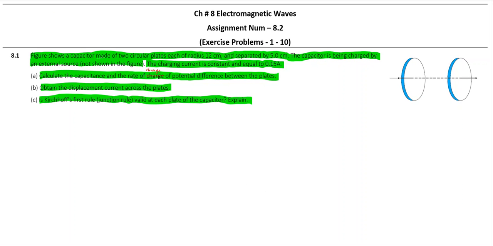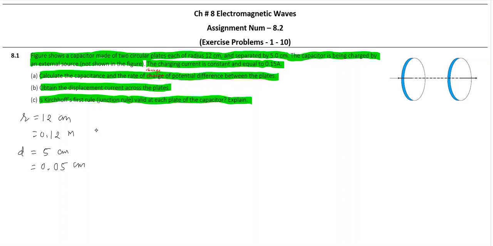So which data are we given here? Numerically, we are told that the radius of each plate, that is R, is 12 centimeter, that is 0.12 meter. The separation, small d, if we label it, is 5 centimeter, that is 0.05 meter.